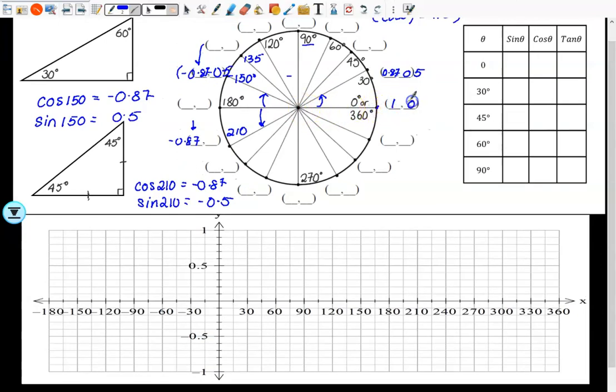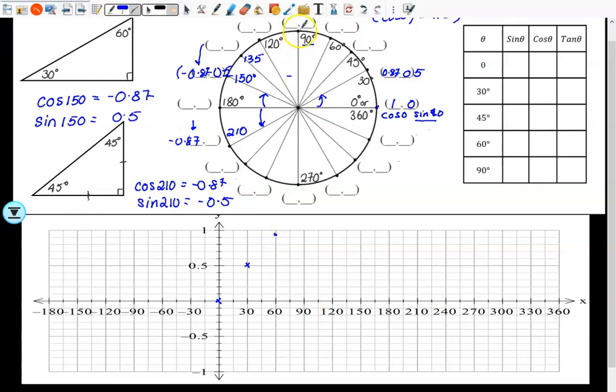1, 0. That's right. So remember, this is your cos. So that's cos of 0, and this is sine of 0. Sine of 0 is 0. So we pop that there. What's sine of 30? A half. We pop that there. You will figure out what sine of 60 is, and you'll plot that there.